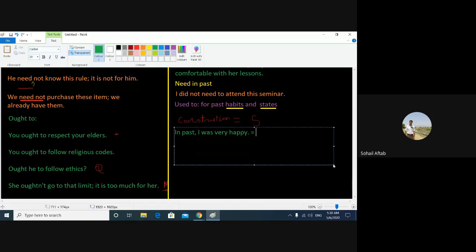Okay, and I will go for a sentence which says, I used to be a very happy person. This is something which is completely equal, almost equal to the first sentence.